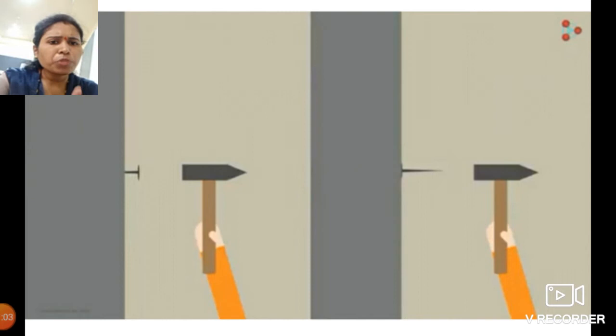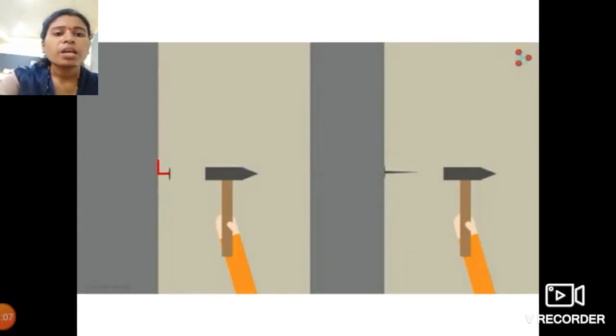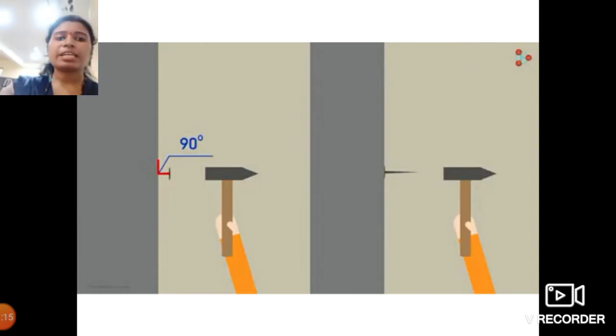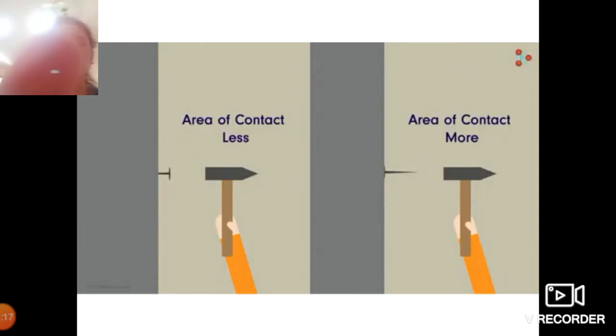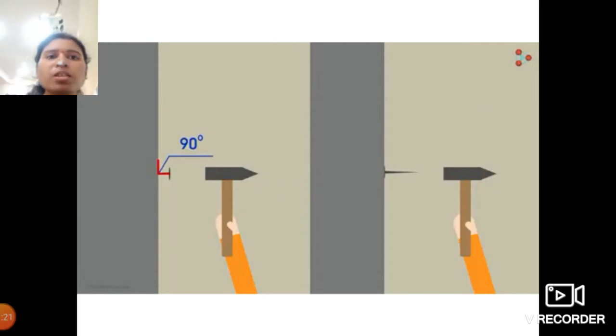If you notice, the tip of the nail has a very small area. It makes an angle of 90, and the tip of the nail has a very small area as compared to the flat surface of the nail.